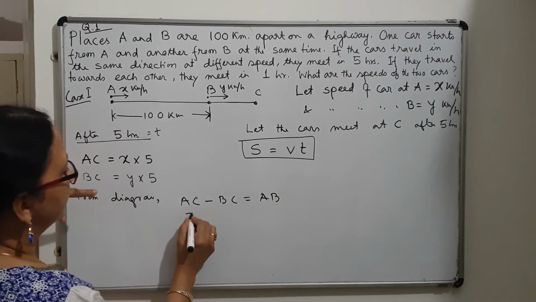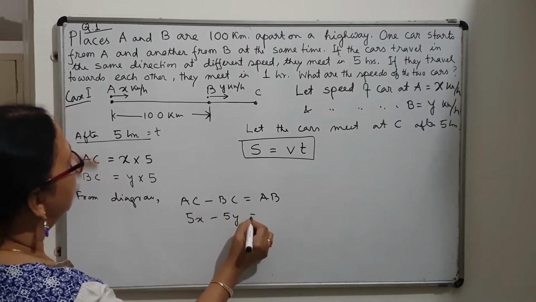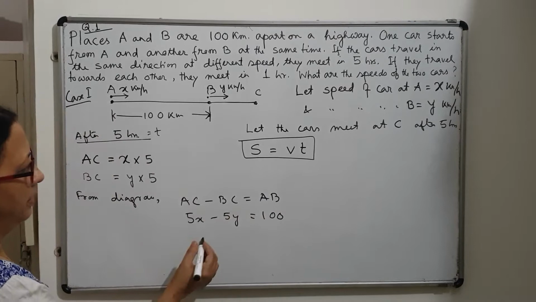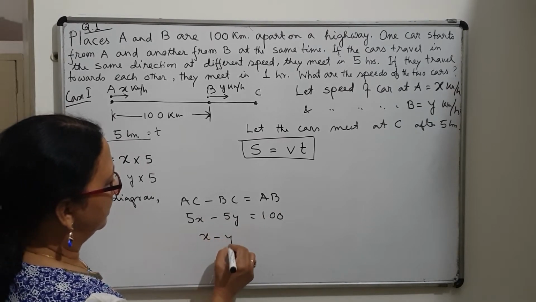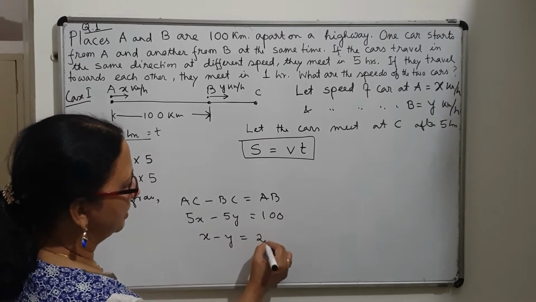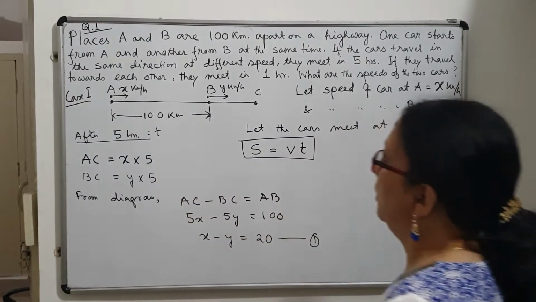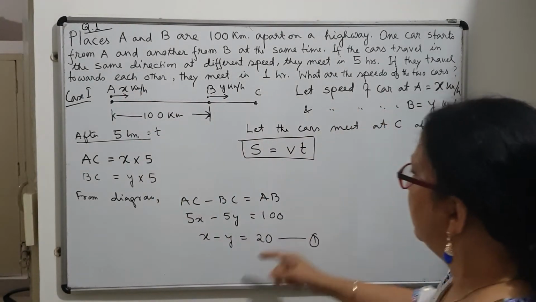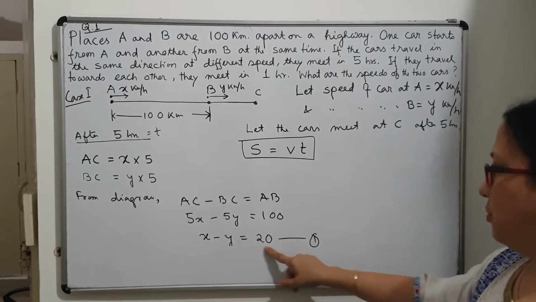AC is 5x, BC is 5y, and AB is 100. Divide both sides by 5, then x minus y is equal to 100 by 5, which is 20. So I got equation 1. When the cars are traveling in the same direction, we end up with this linear equation in two variables.